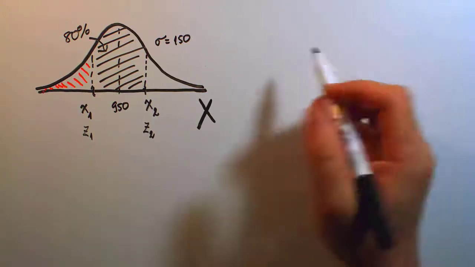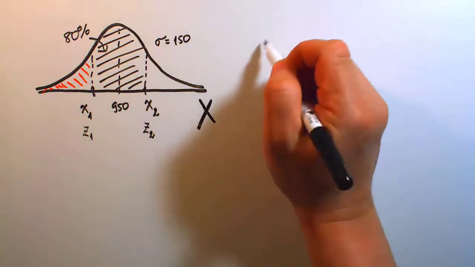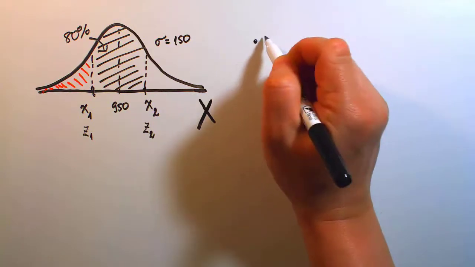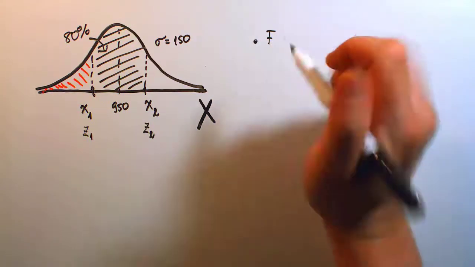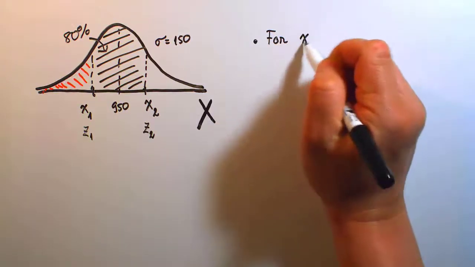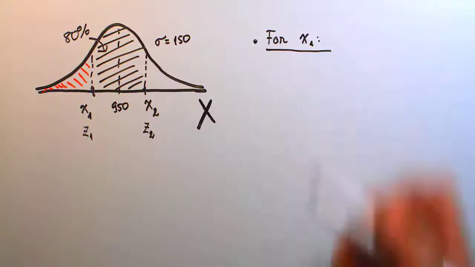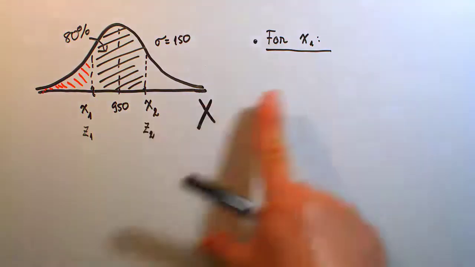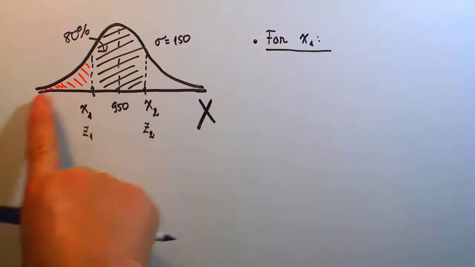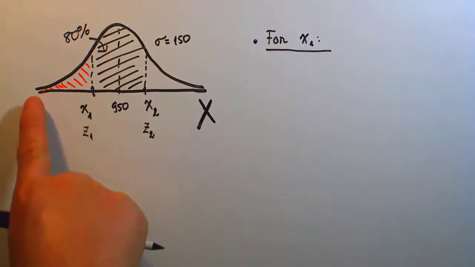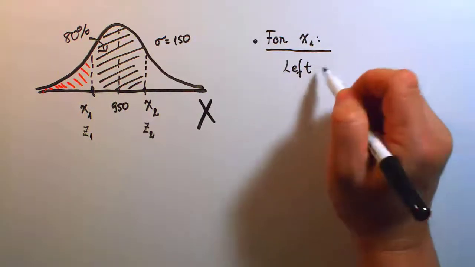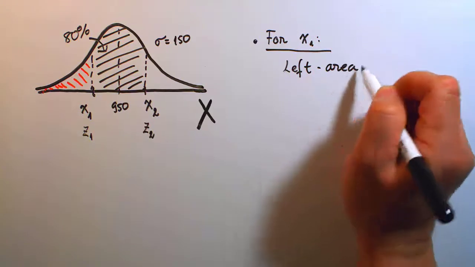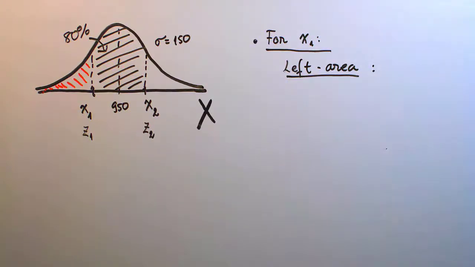Let's start formulating the problem here. I'm specifically indicating our plan here is to solve for x1 first. So in this picture, from where x1 stands, the red area is shaded to the left, and we're going to call that the left area.